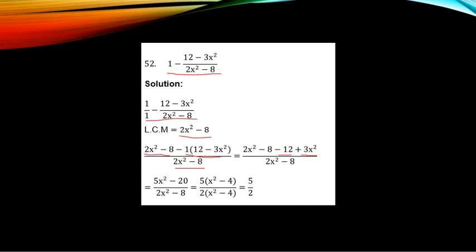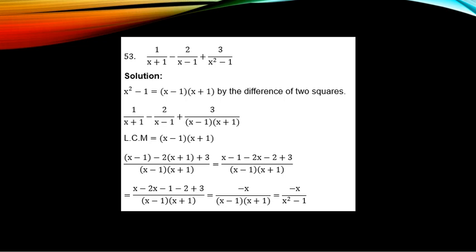If you look at the numerator and denominator, we can factor out 5 from the numerator and factor out 2 from the denominator. When you do that, you have this outcome. And s squared minus 4 cancels s squared minus 4. You are left with 5 all over 2.